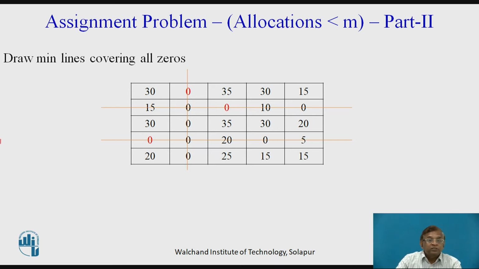What I mean is, if you look at the second column, it has 5 zeros. Otherwise we could draw 5 horizontal lines covering the 5 zeros in the second column, but that is not expected. What is expected is that a single line in the second column will cover all the 5 zeros of that column. So I repeat, a line that we draw should cover maximum zeros.